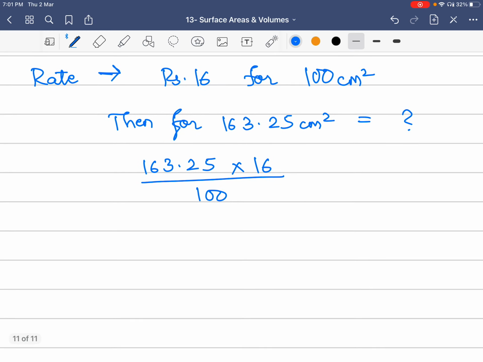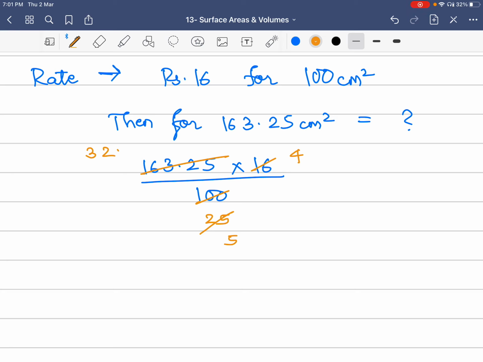So we can simplify this. Let's divide by 4 first. 4 4s are 16 and 4 25s are 100. Then 5 5s are 25, 5 3s are 15, 5 2s are 10, 32.5.